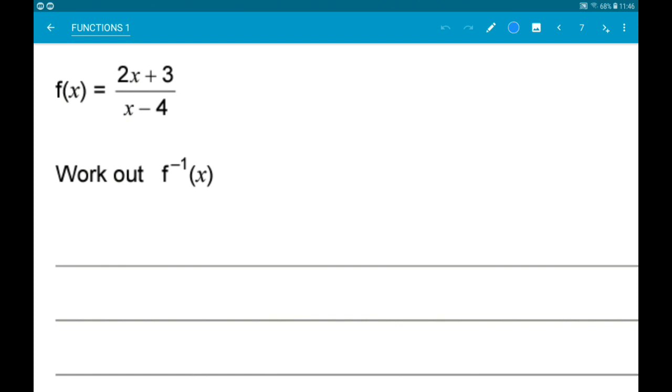Okay, so again, I'm just going to write f of x as f. Some teachers will tell you to get y involved. Y, where's y coming from? Just call it f. So we're going to have f is 2x add 3 over x minus 4.